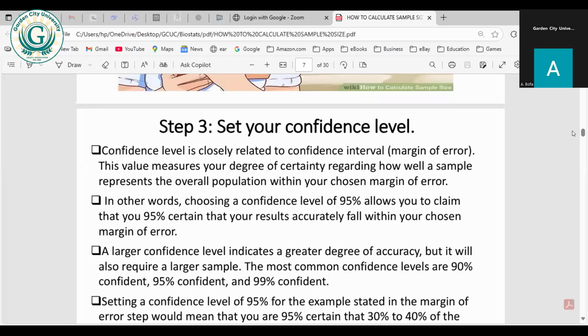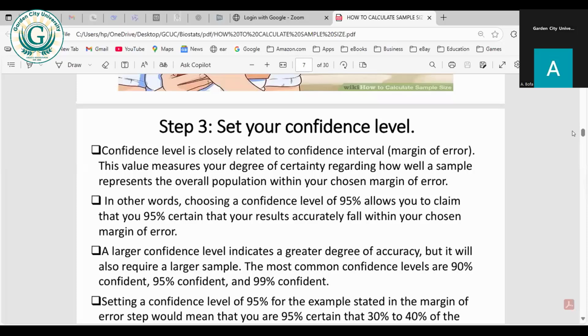I keep telling my students that the confidence level is in line with the margin of error. You determine that whatever I'm doing, I'm confident that I'm going to get this or that. Nobody will come and tell you to choose it.